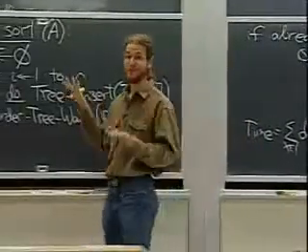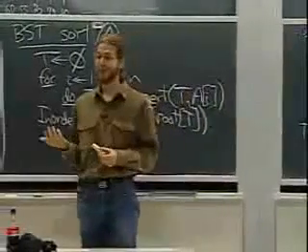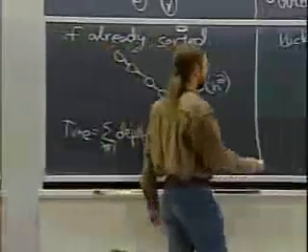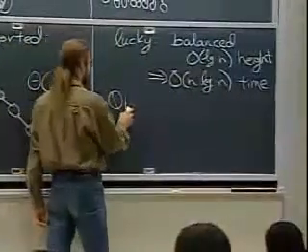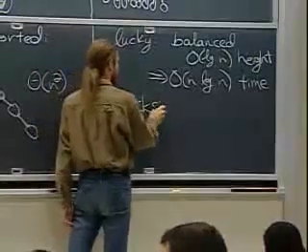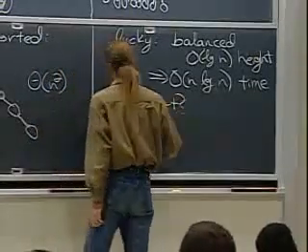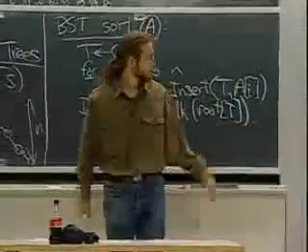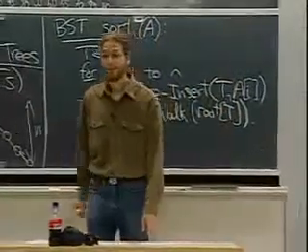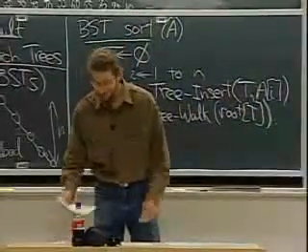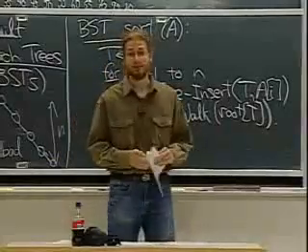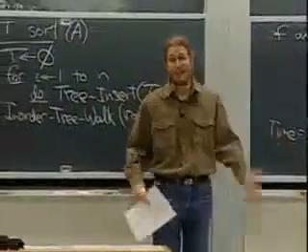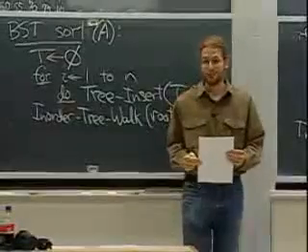Remind you of any algorithm we've seen before? Yeah? Quicksort. Turns out the running time of this algorithm is the same as the running time of quicksort in a very strong sense. Turns out the comparisons that this algorithm makes are exactly the same comparisons that quicksort makes.